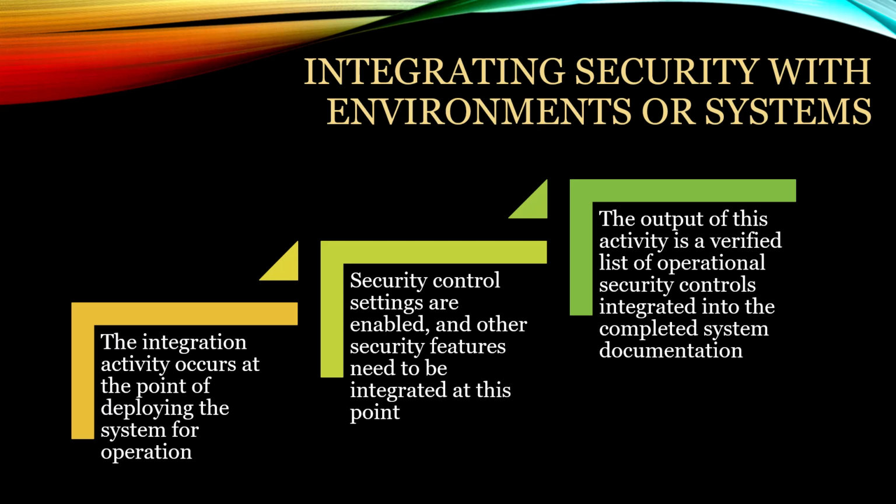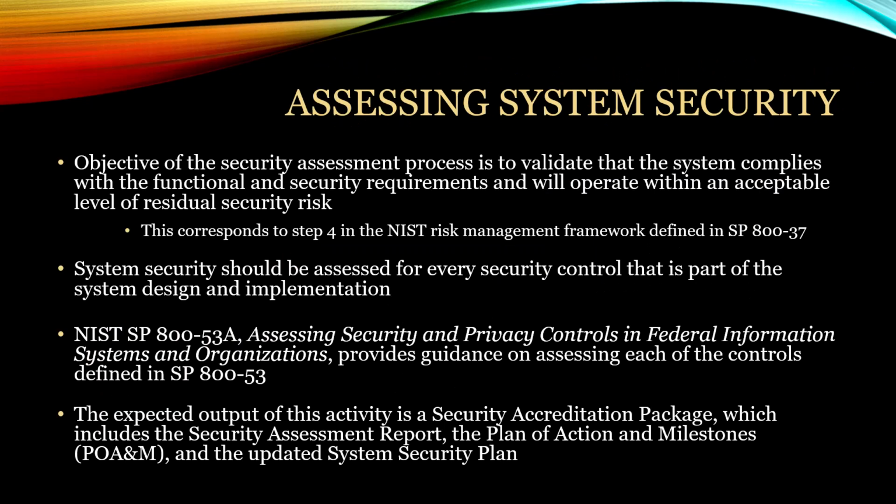837. Step 4 is looking at that risk management framework and defining the system risk, system security, as well as ensuring certain privacy controls. The privacy controls are outlined in the NIST 853A, but there's still an expected output of the activity for security accreditation.